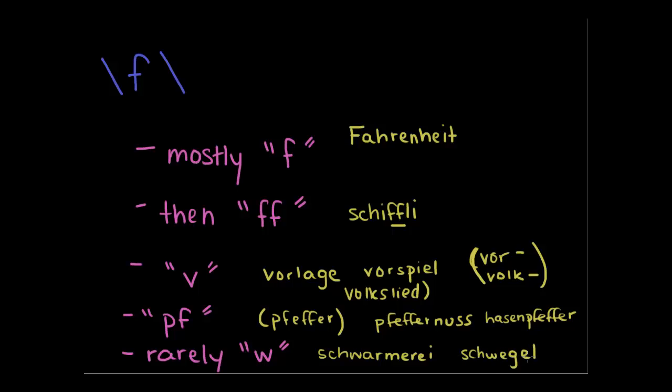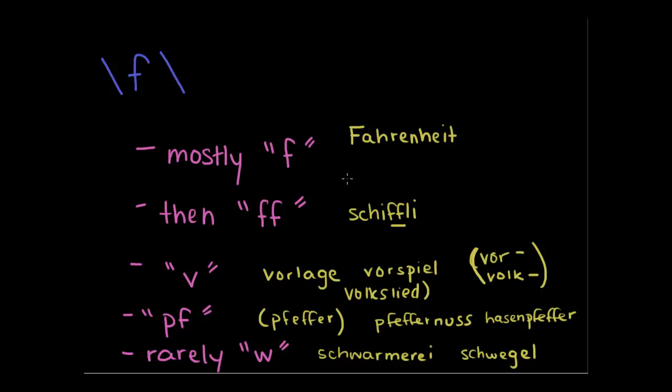Now notice how the W's here followed the SCH in both cases. That's something to look out for, because that might be a reason why the W could be pronounced as an F. But again, mostly F or FF.